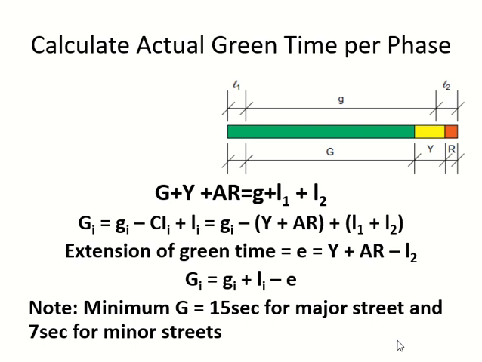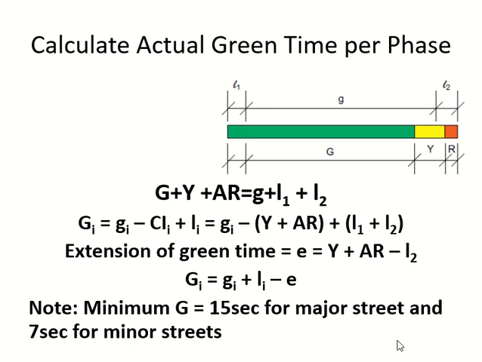Why did I do this? Because effective green I already calculated and lost time I already know. I want to know the phase time. So this equation will give me the phase time. I already have this side of the equation, I want to know this side.